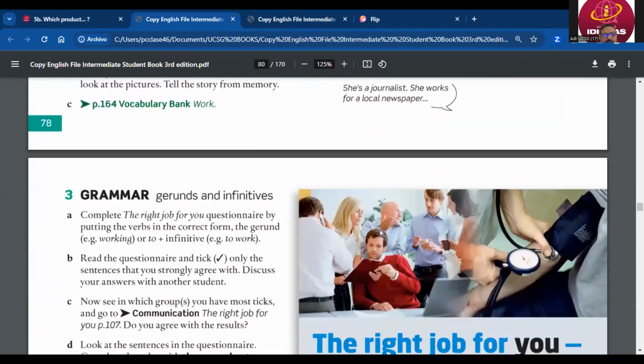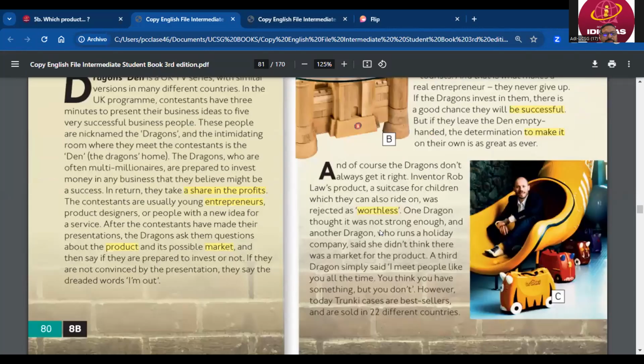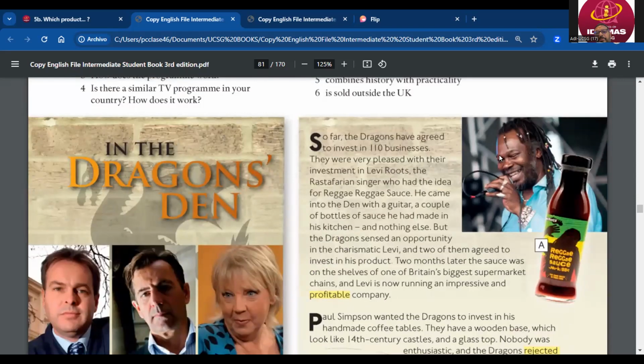For me, that I'm kind of blind, let me open up right here. Okay, we have the introduction, we read the introduction, and now we are going to read about 3 products. The first product is the sauce. Yep. So far, the dragons have agreed to invest in 110 businesses. They were very pleased with their investment in Levi Roots, the Rastafarian singer who had the idea of reggae sauce.